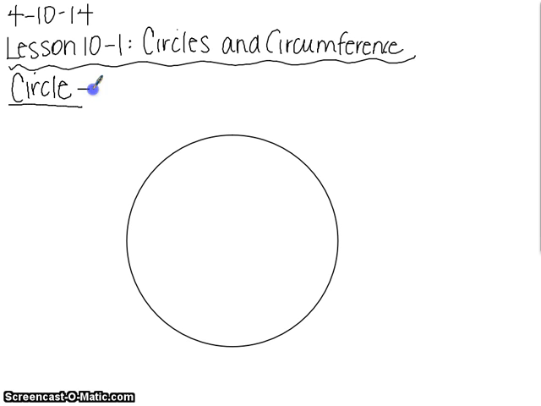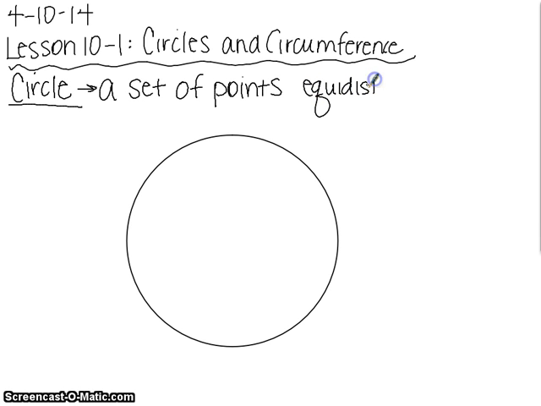We've looked at spheres already, so that would be like a ball, but a circle is defined as a set of points, kind of like a line is a set of points. So a circle is a set of points equidistant, so the same distance, equidistant from a given point.